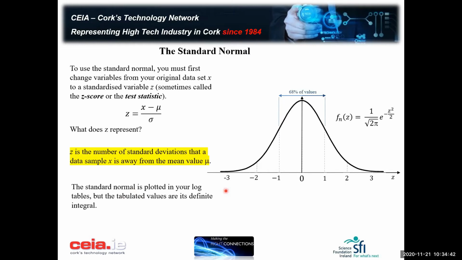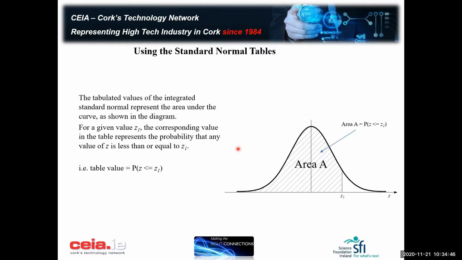Because this is so important, I'm going to run through a few examples on how to use it. Again, to reiterate, the tabulated value is the area A corresponding to a value Z1, which represents the probability that your variable Z is less than or equal to Z1.